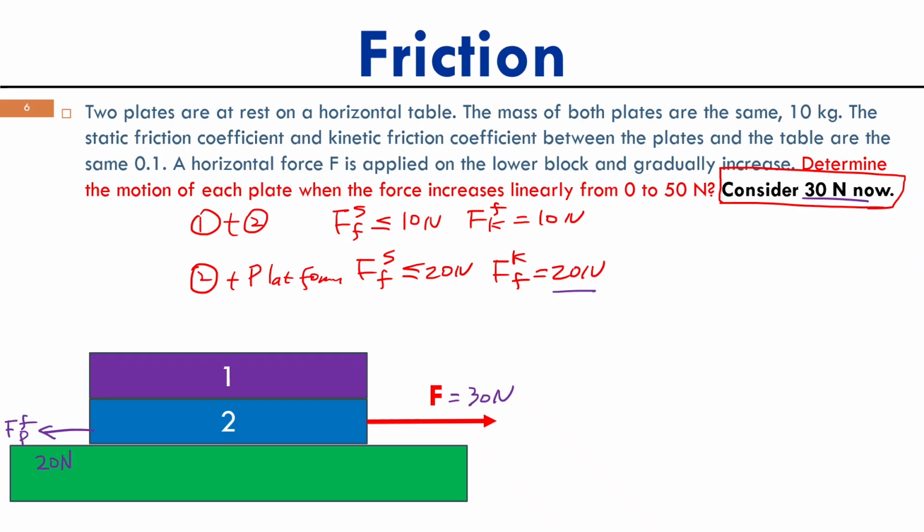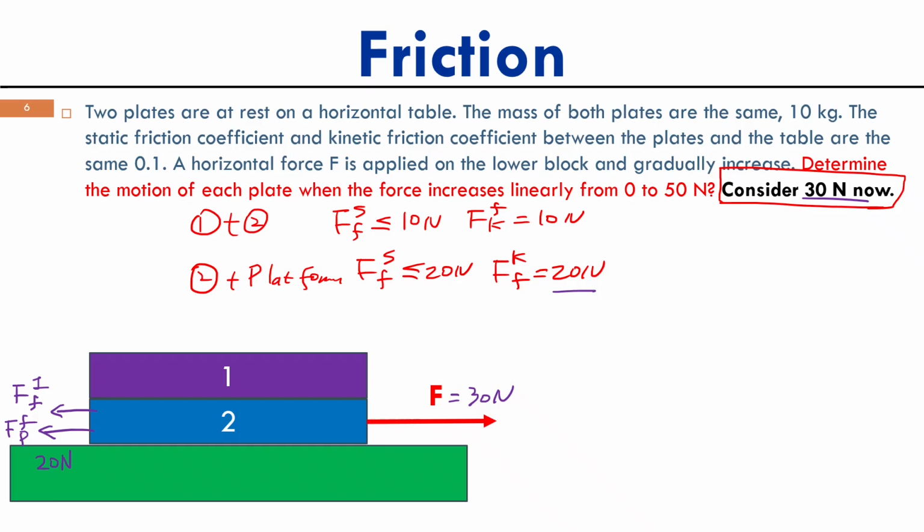So how much is the friction force between 1 and 2? Some students may say, if I have a friction force from 1 to 2, let's call it friction force 1, I can provide a force as large as 10 Newton.